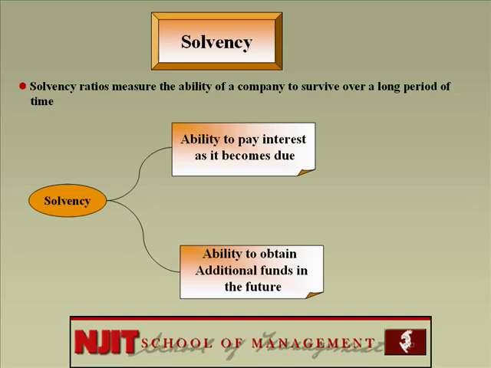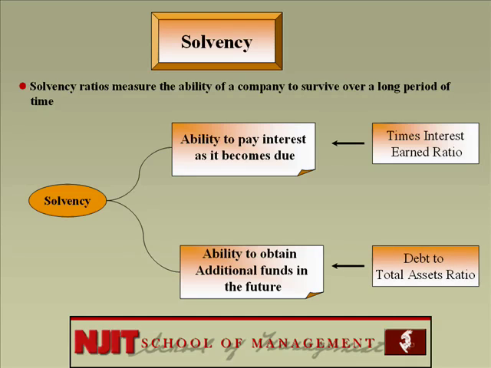The first one, ability to pay interest due, is measured by a ratio called times interest earned. The ability to obtain funds in the future is measured by a ratio called debt to total asset.